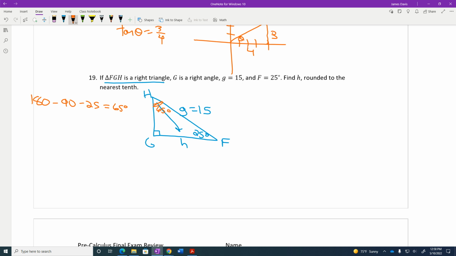And then we take the pair that it gives us. Since this is a right angle, we know that it's 90. So the pair we're given is G's. So we're going to do the sine of G, like sine of 90, over little g, which is 15. We're trying to find little h, so we need to include big H. So sine of 65 over little h.